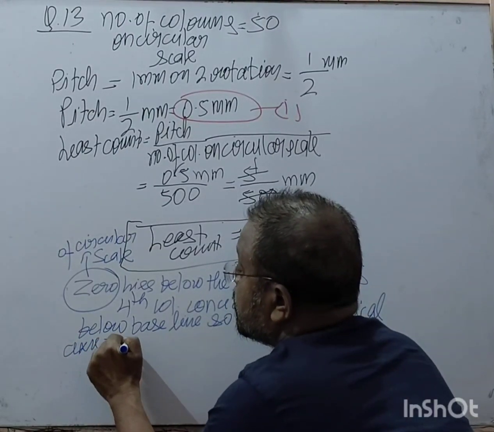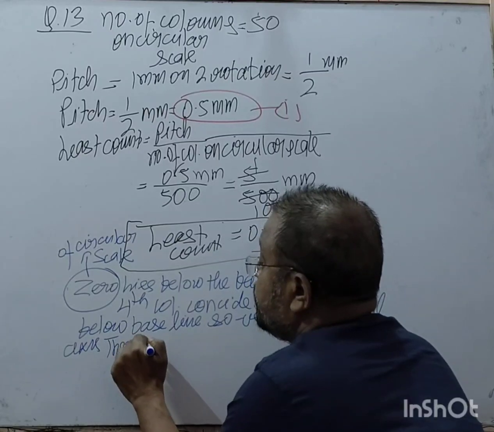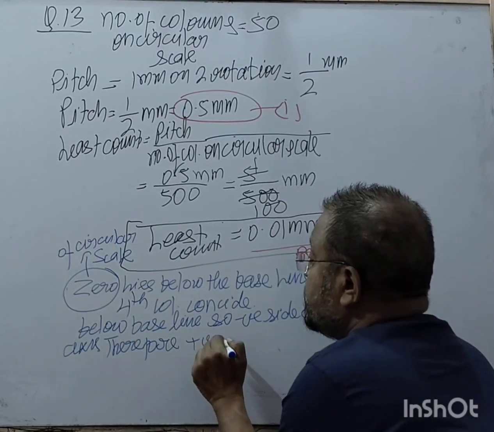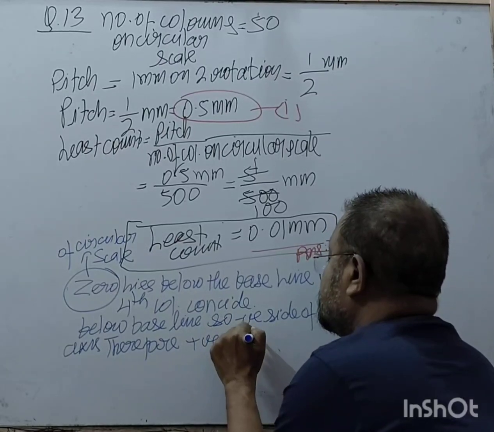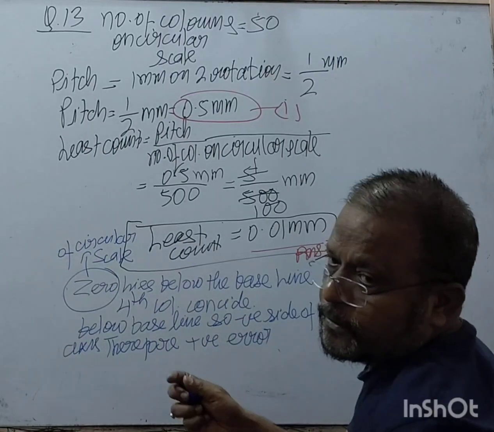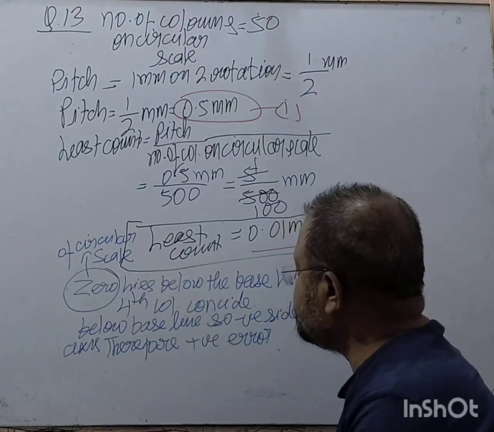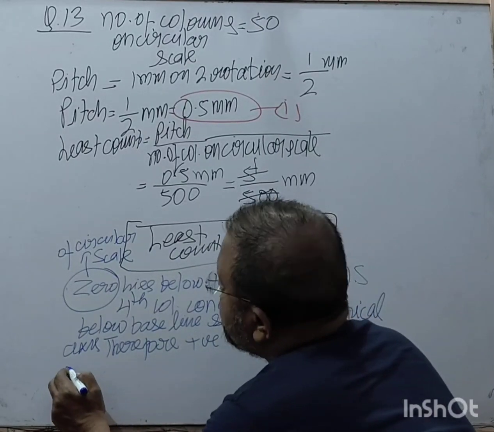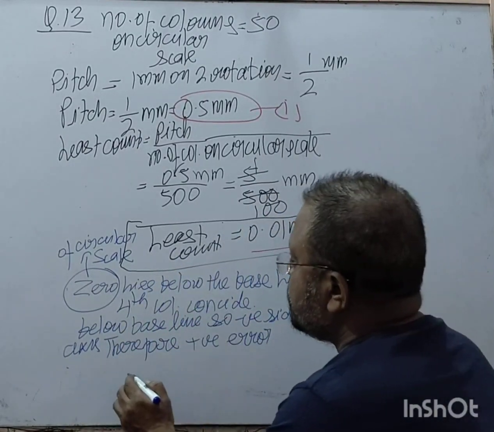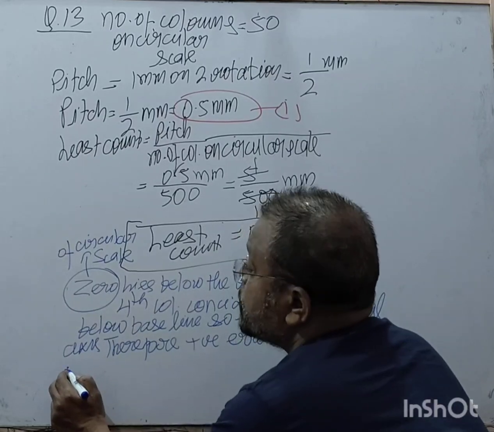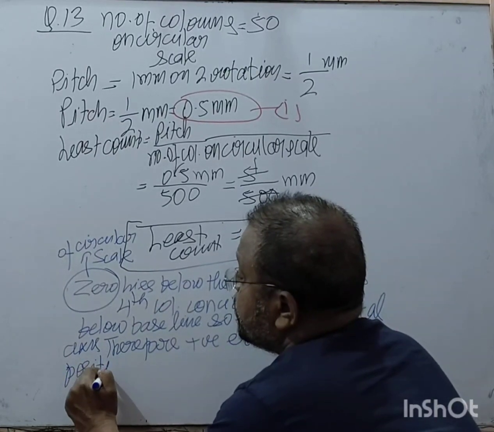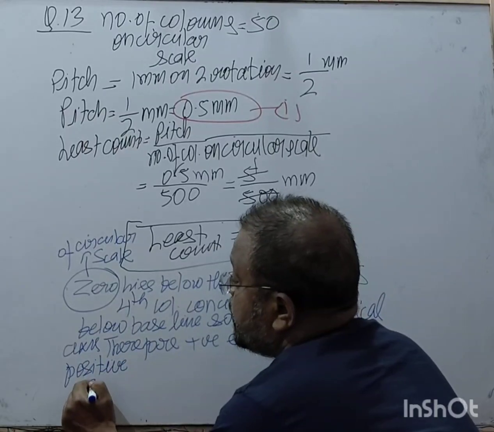Therefore positive error. Is it? Yes, sir. Positive error, and zero error is equal to least count into coinciding column, and positive.